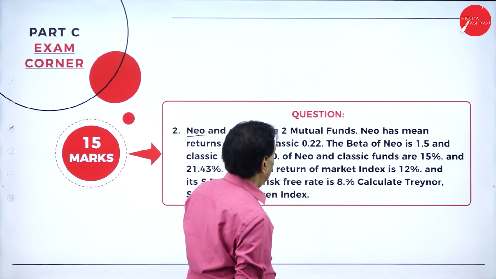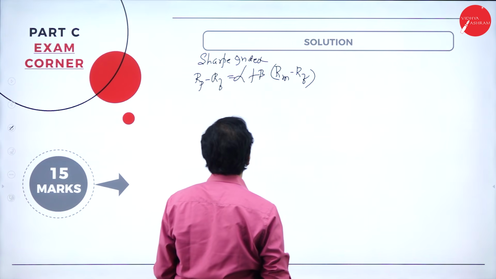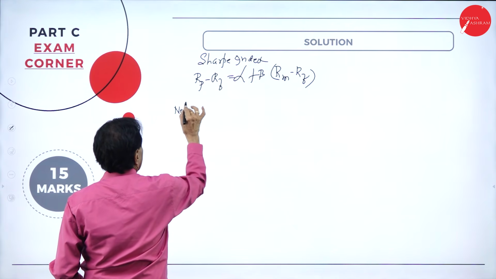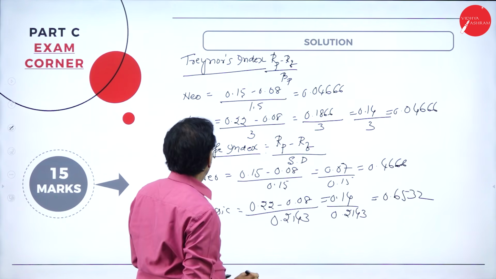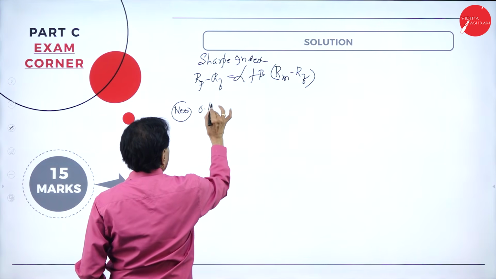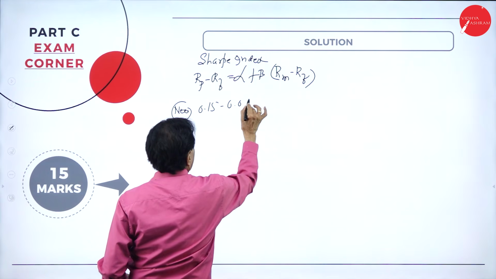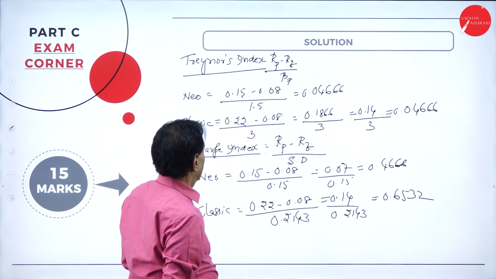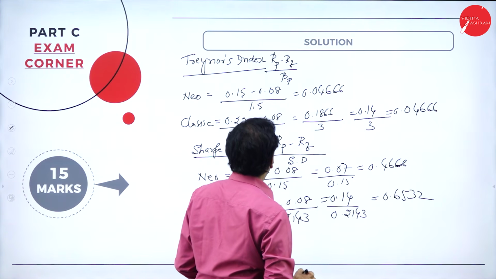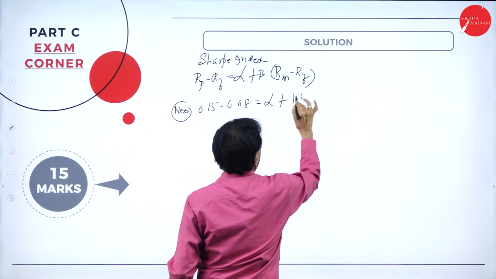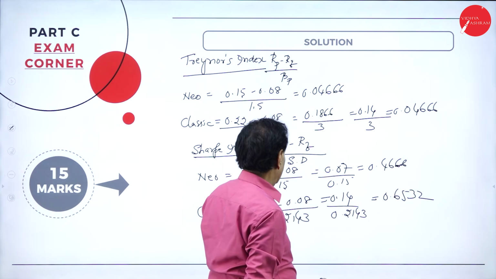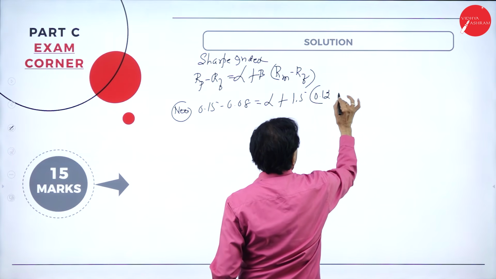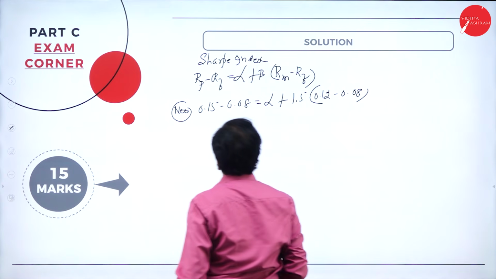Jensen index, Neo: RP 0.15 minus 0.08 is equal to alpha plus beta, 1.5, into RM, return on market, 0.12 minus 0.08.